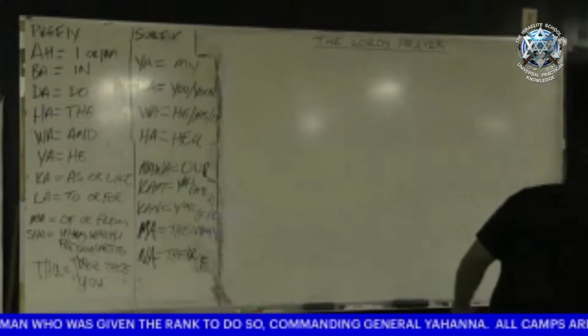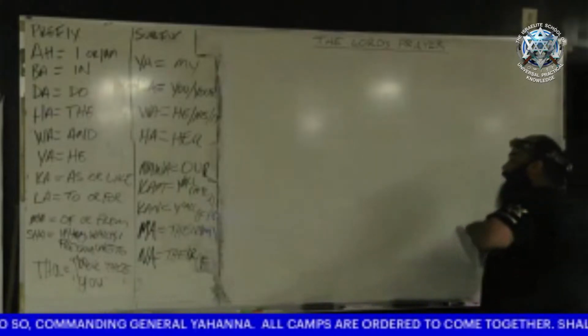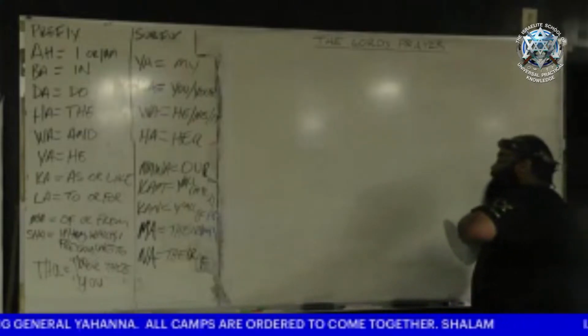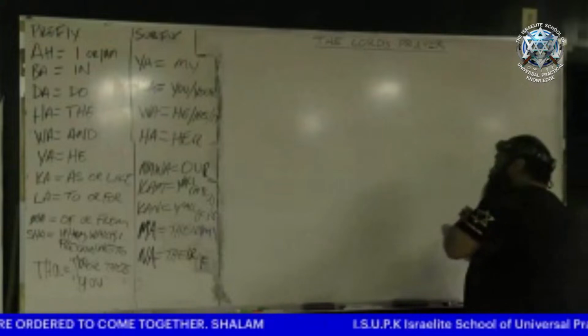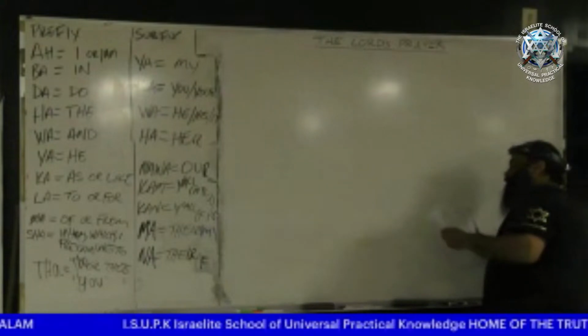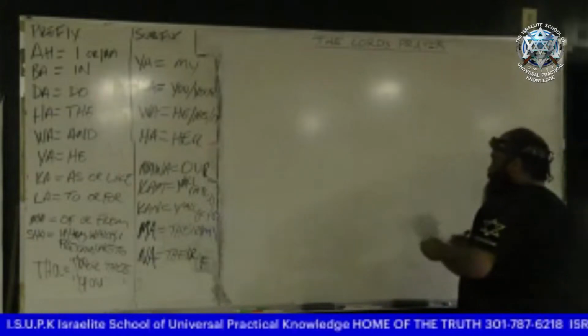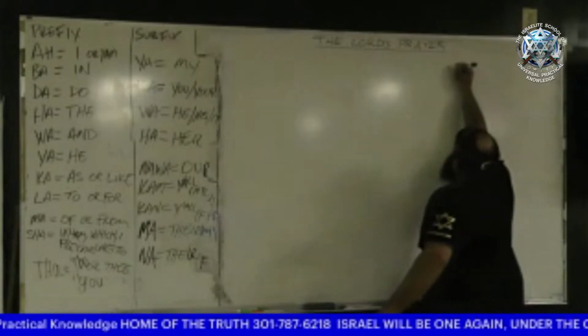First thing I'm going to do is write the prayer on the board. Notice how when we went over the alphabet, I went from right to left, and the same thing I'm about to do right now. I'm about to write these words from right to left, because in Hebrew we don't read left to right, we read right to left. So the first word is Abanawa.